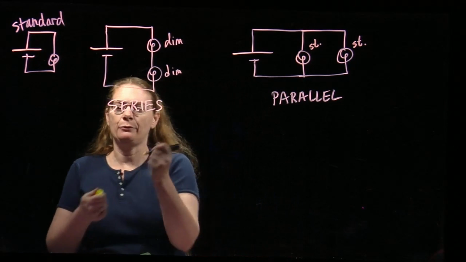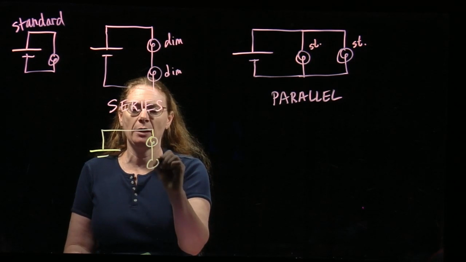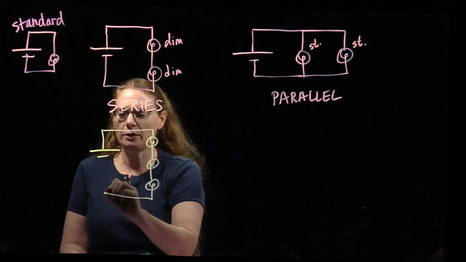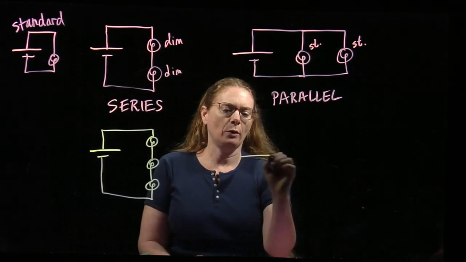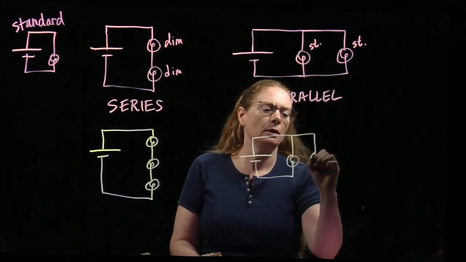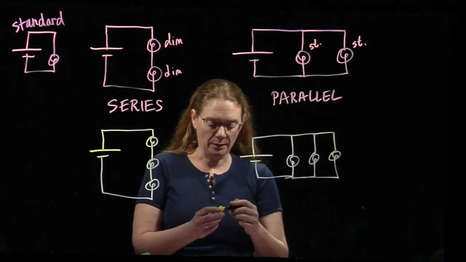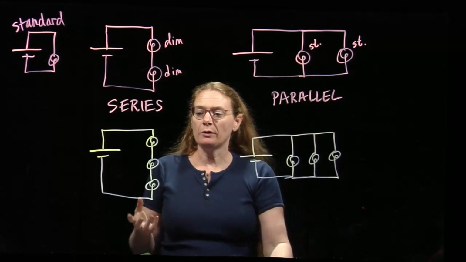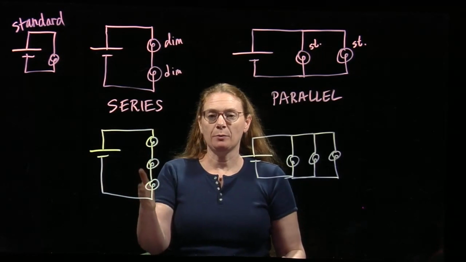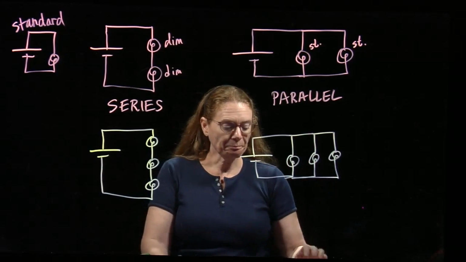What would we have if we add a third bulb, either in series or in parallel? So 1, 2, 3 in a row, or 1, 2, 3 in parallel. All right, so make a prediction. What do you think we would see with these 3 series bulbs, or 3 parallel bulbs?